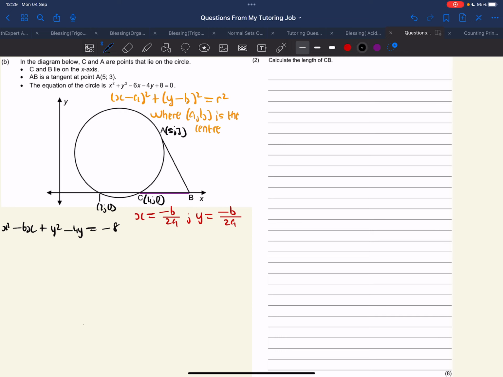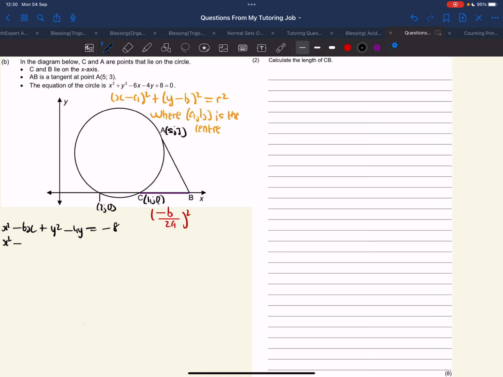So this is what I mean by completing the square. Sorry about that. I'm actually going to add minus b over 2a, squared. This is what I'm going to add for both the x variable and the y variable, and then add that also to the right hand side. I'm sorry about that.